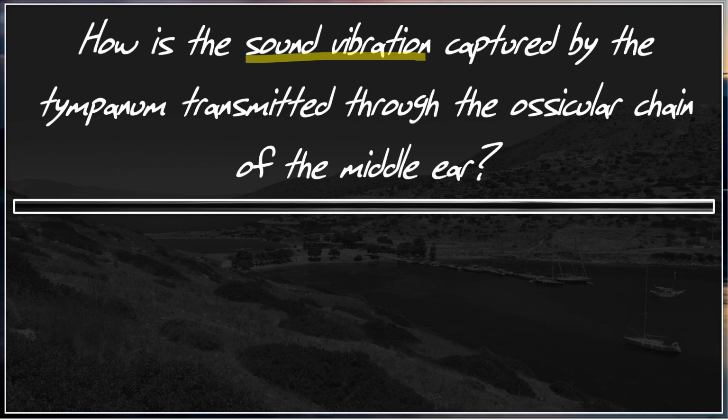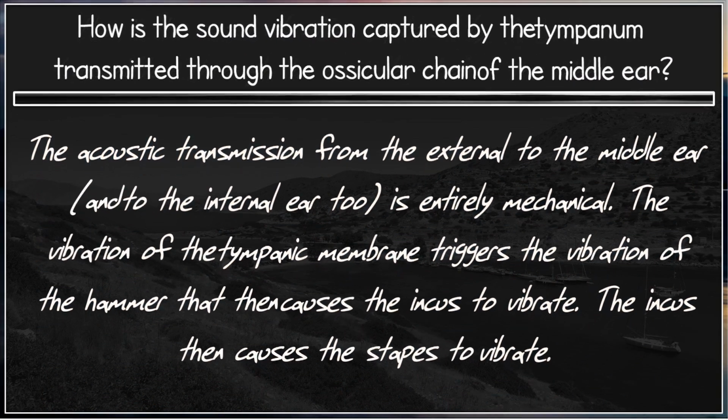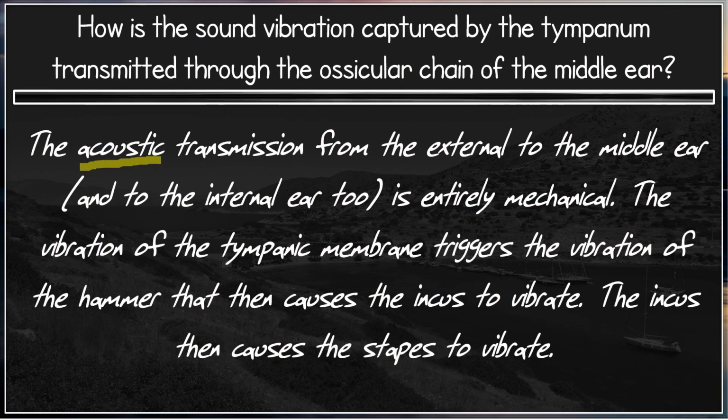How is the sound vibration captured by the tympanum transmitted through the ossicular chain of the middle ear? The acoustic transmission from the external to the middle ear and to the internal ear too is entirely mechanical.